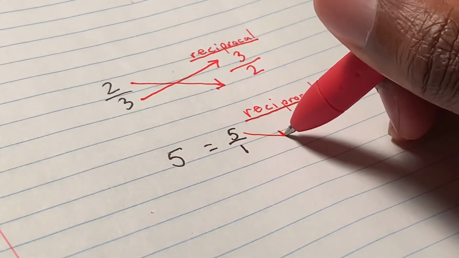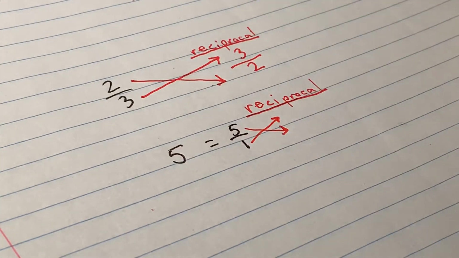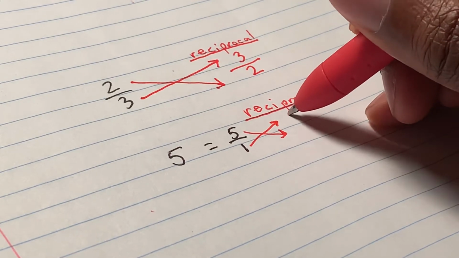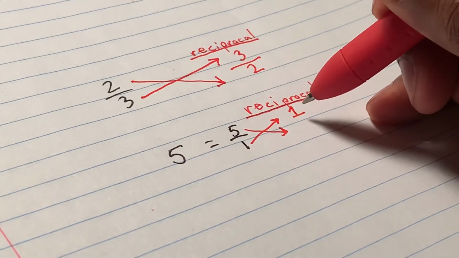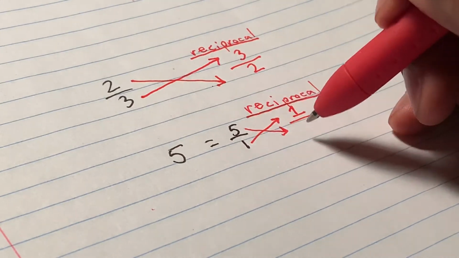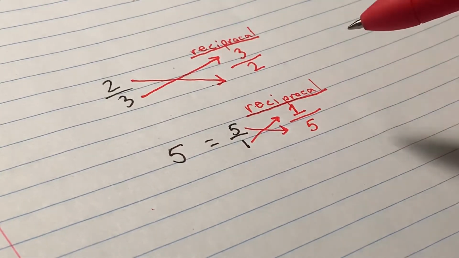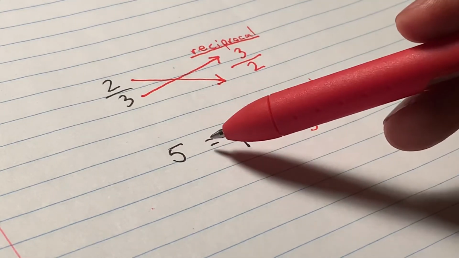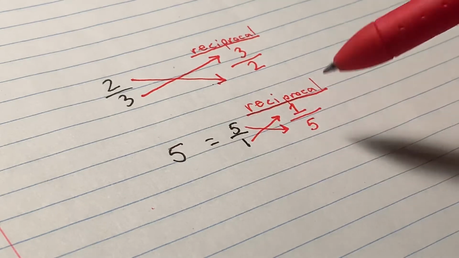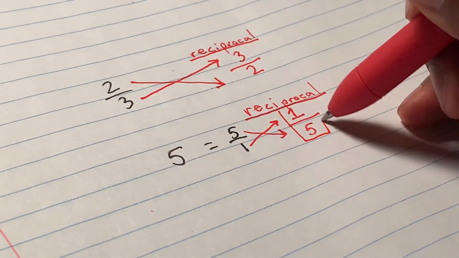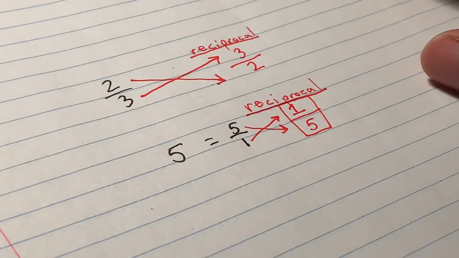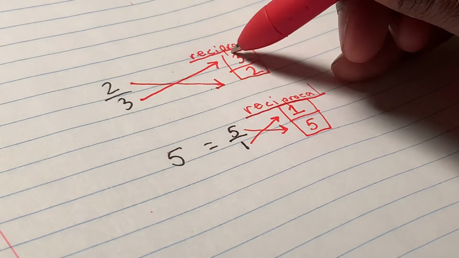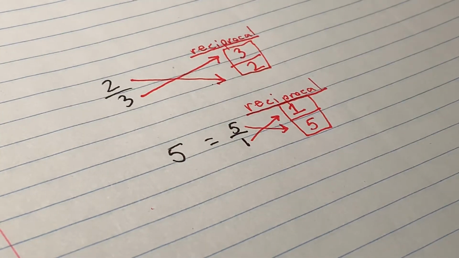The denominator becomes the numerator, and the numerator becomes the denominator. So the reciprocal of 5 is simply 1/5. The reciprocal of 2/3 is 3/2. So that's what reciprocal means.